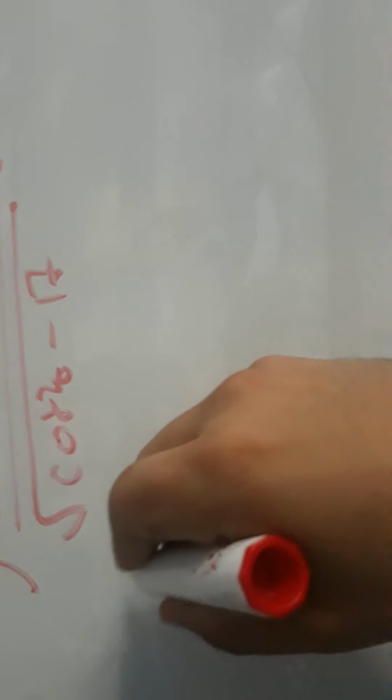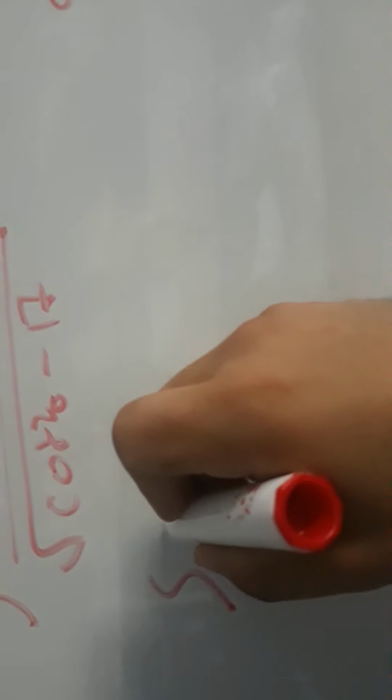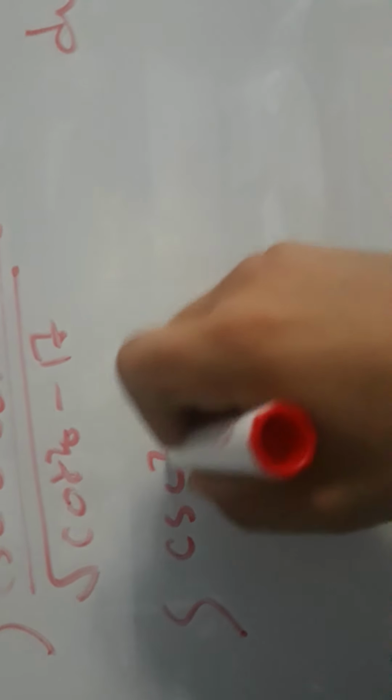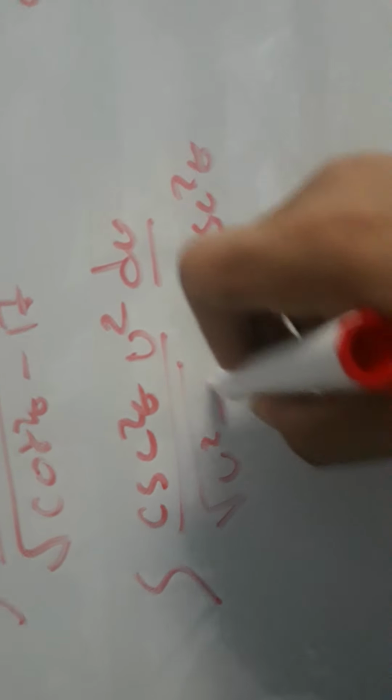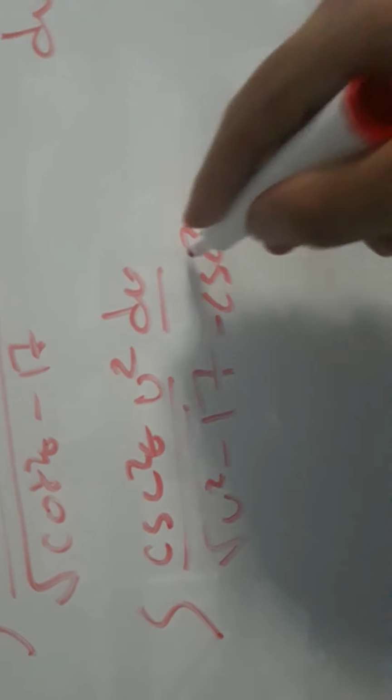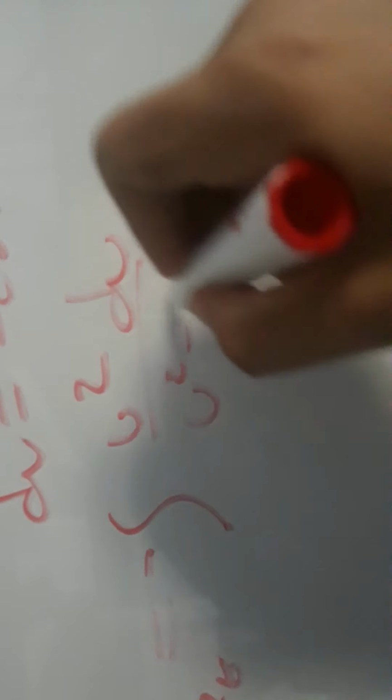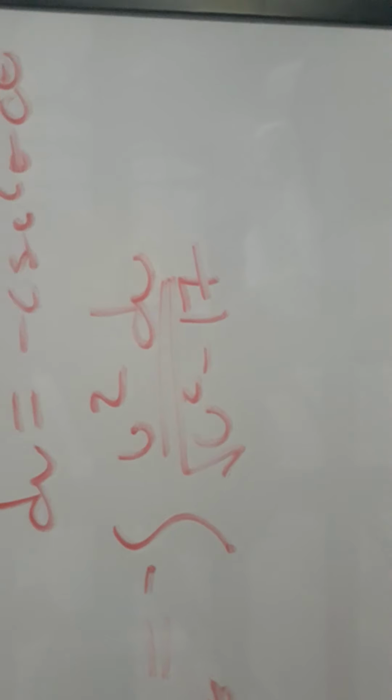So with this newfound knowledge, it'll be cosecant squared theta u squared du all over negative cosecant squared theta times radical u squared minus 17. Simplify all this, you're left with just negative u squared du over radical u squared minus 17. You're going to use trigonometric substitution here.